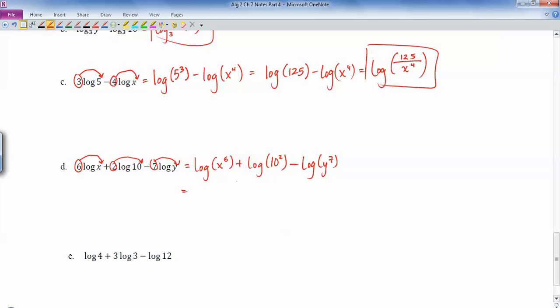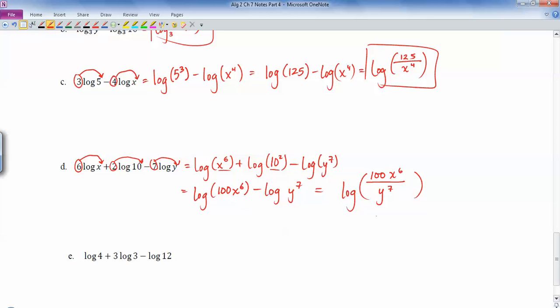And then we can multiply the first two together to get one log term. So that's going to be log of x to the 6th times 10 squared. So that's 100 x to the 6th minus log of y to the 7th. And then that's going to turn into log of the first term, 100 x to the 6th over the second one, y to the 7th.